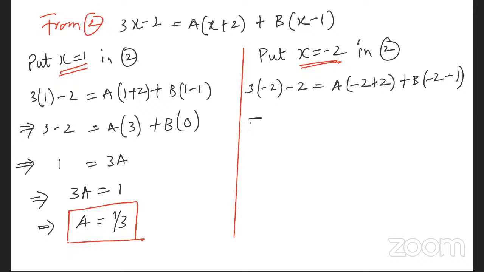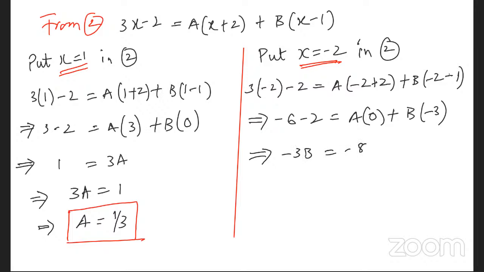So minus 6 minus 2 is equal to A into 0 plus B into minus 3. So minus 3B is equal to minus 8. This implies B is equal to 8 by 3. Minus and minus get cancelled on both sides. We got the values of A and B.